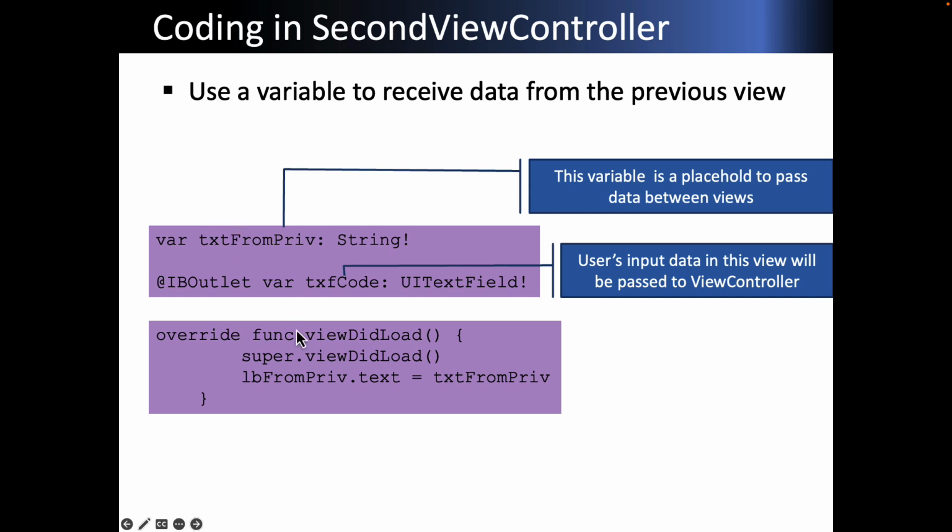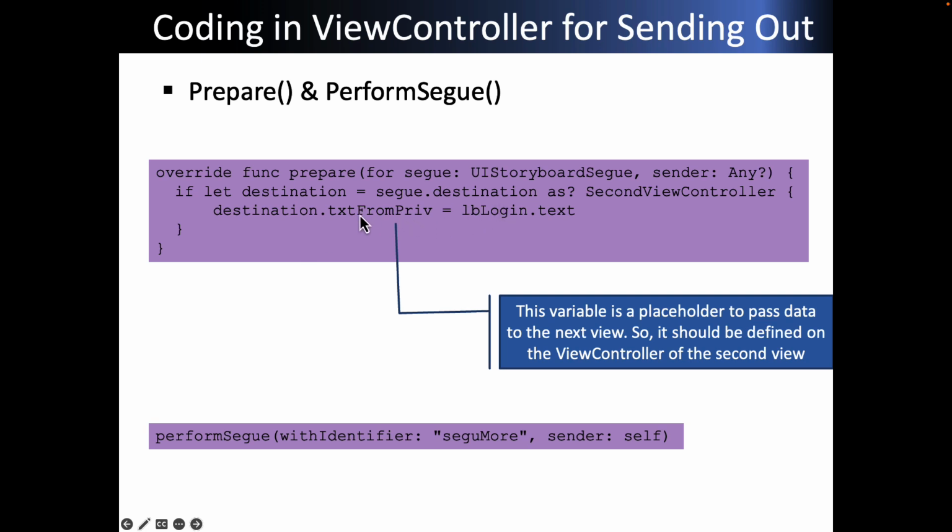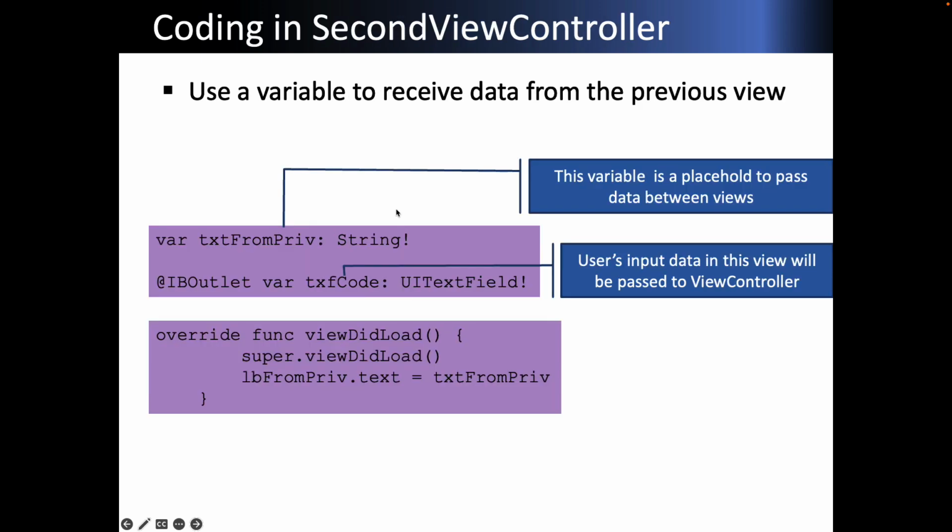It is not written here, but it should be there like this: an IBOutlet variable, lb pref, that is a UILabel. That should be defined, and on that text we're going to write the user ID that's passed from the first view. This is a variable defined in the second view that receives the user login.